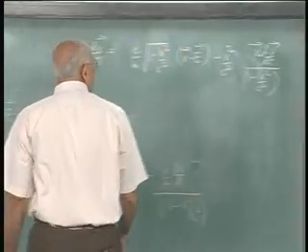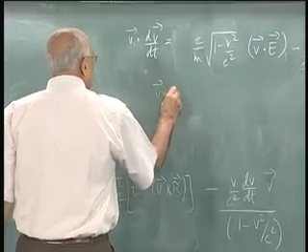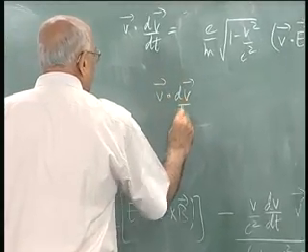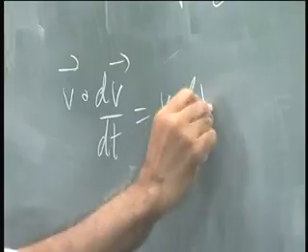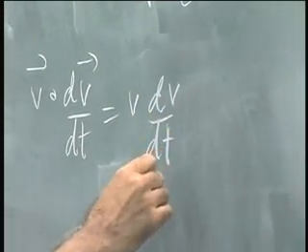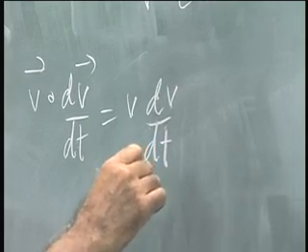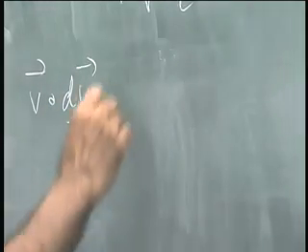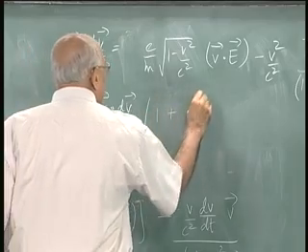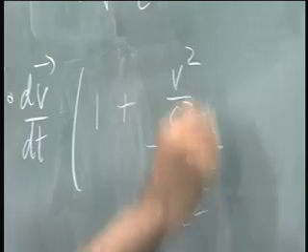Now once you do that, then we are in good shape, because it says v dot dv over dt equals v dv over dt. This multiplied by 1 plus v squared over c squared over 1 minus v squared over c squared.